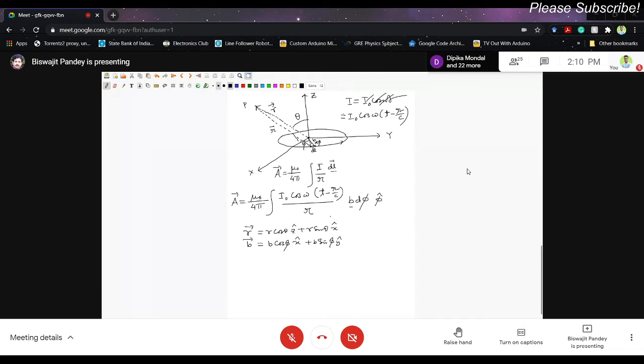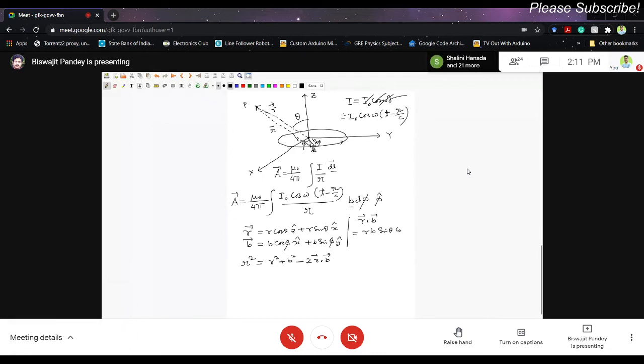So you know what is r and what is b. What is curly r? Curly r square is equal to r square plus b square minus twice r dot b, by just using vector addition, and we can use this expression for r and b. What is r dot b? z cap dot x cap is 0, z cap dot y cap is also 0, only x cap dot x cap survives, so r dot b equals r b sine theta cos phi.